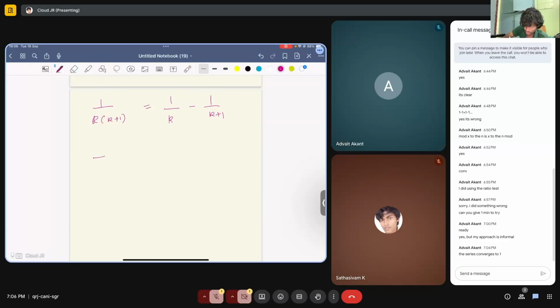So now you take the sum on both sides. The sum of 1 by k into k plus 1 is nothing but the summation of 1 by k minus the summation of 1 by k plus 1, where k runs from 1 to n.